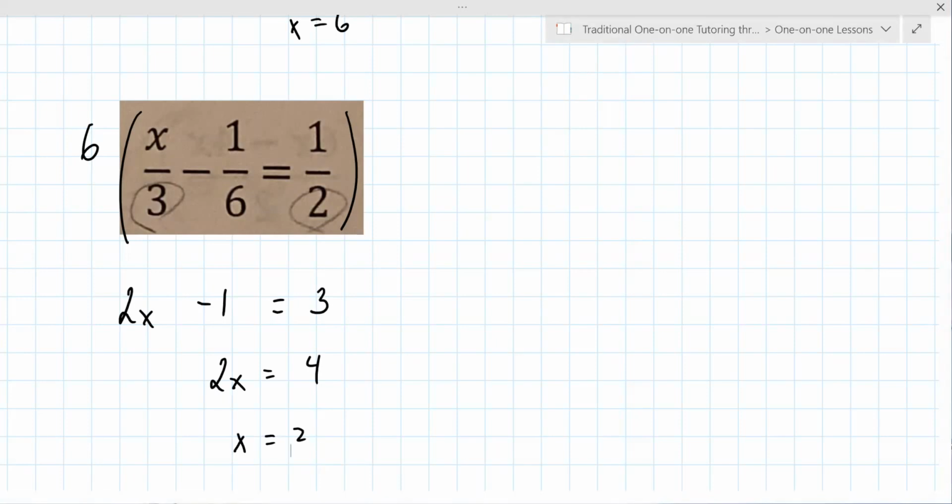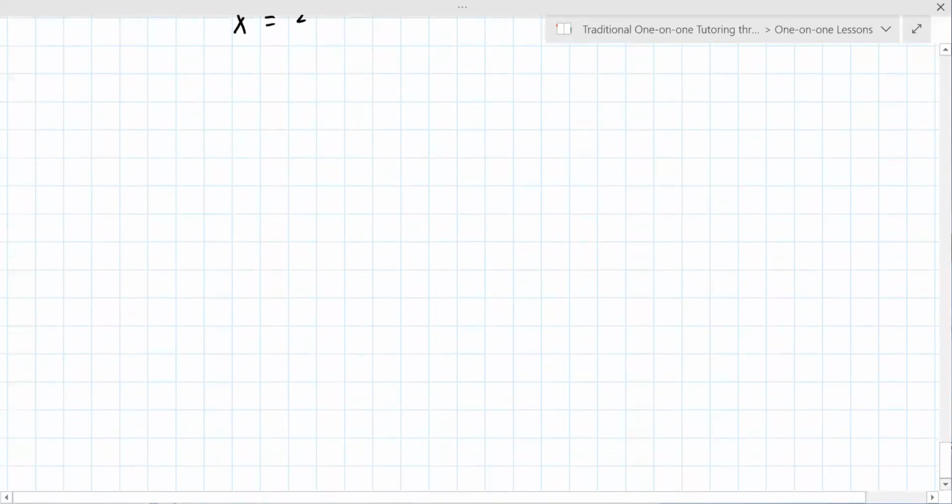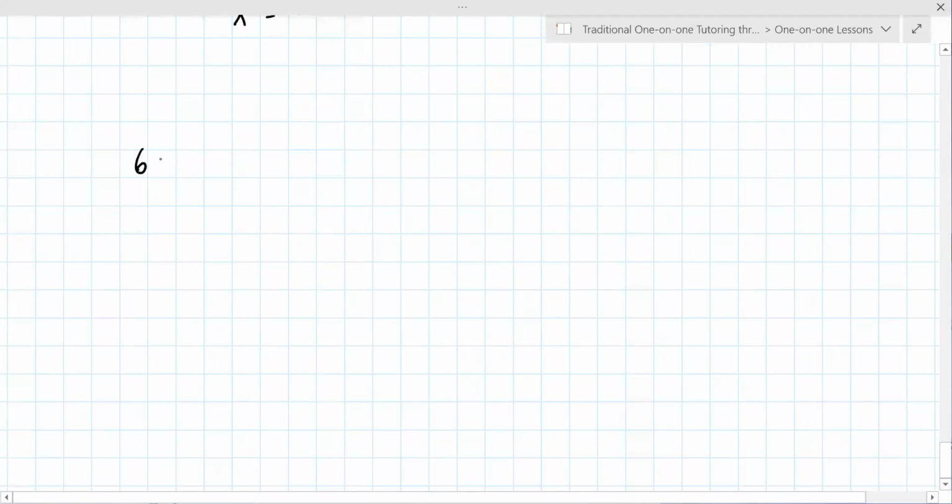All right, so I'm gonna transition to another style of question that I saw here. Actually, I'm going to vary it from what I see there because I don't know why they did it. But let's say you have 6x minus 1 over 3 equals 6 over 7.